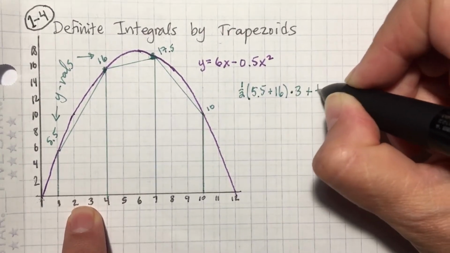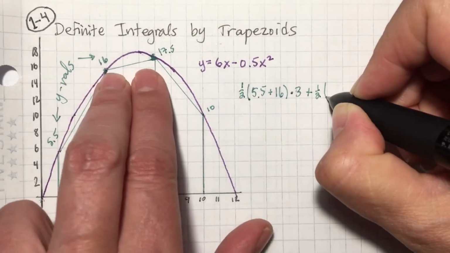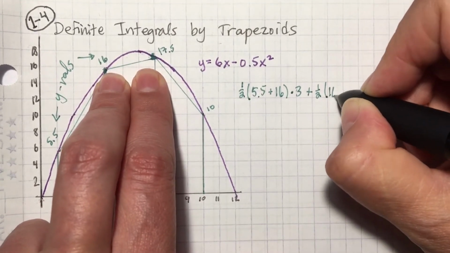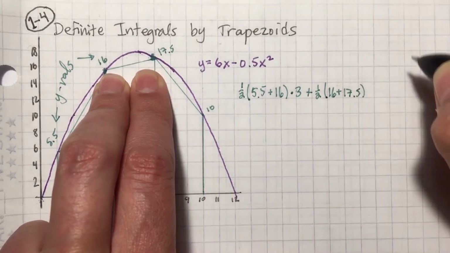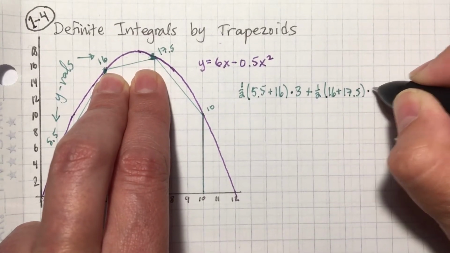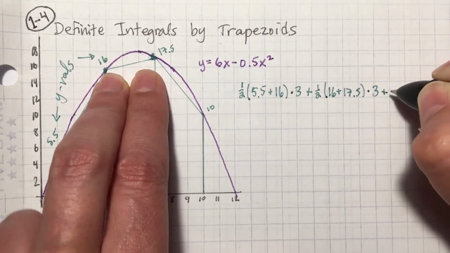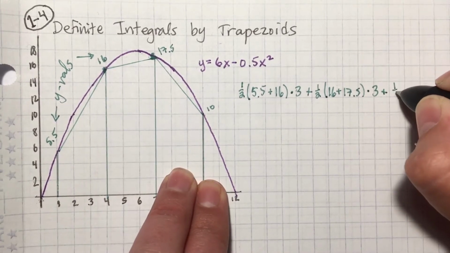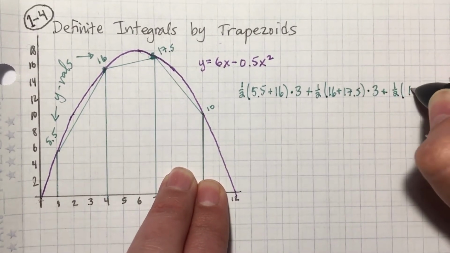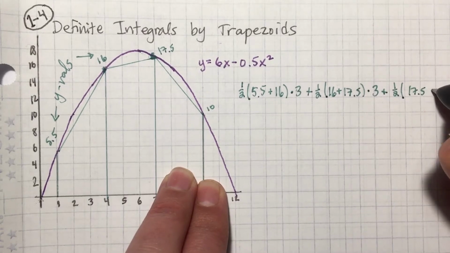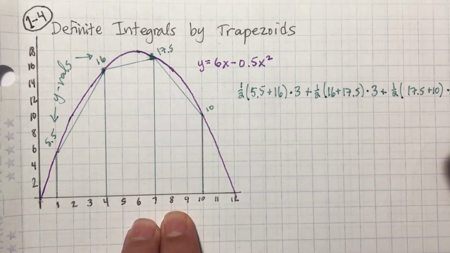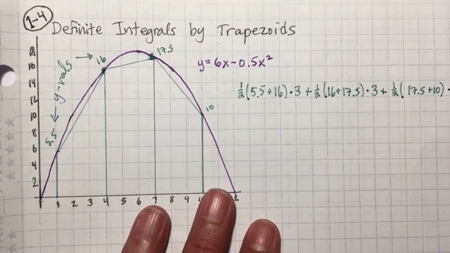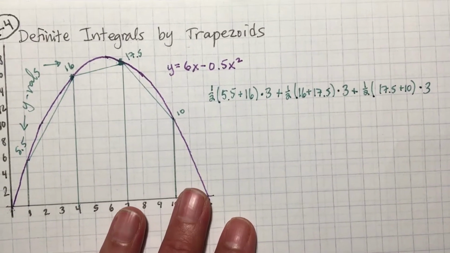Second trapezoid, half of the 2 heights averaged, so 1/2 times 16 plus 17.5, again times the width. And then plus our third trapezoid, half of 17.5 plus 10 times the height of this trapezoid, or its width, which is 3. And I need to slide over, apologies.